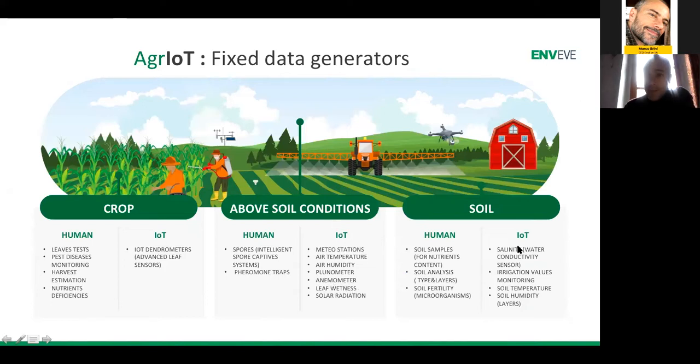The soil is usually soil temperature and soil humidity at different layers. Soil humidity is really the king here. If you want to have a basic implementation of Internet of Things in agriculture, we really want to have several soil humidity sensors, which ideally are placed at different levels.